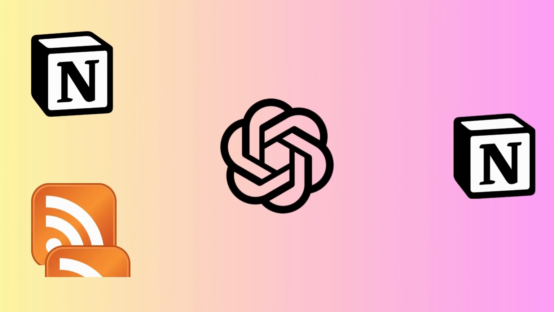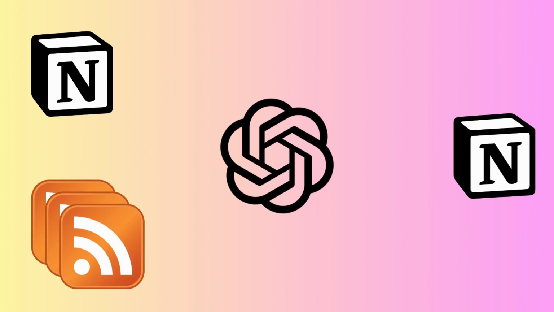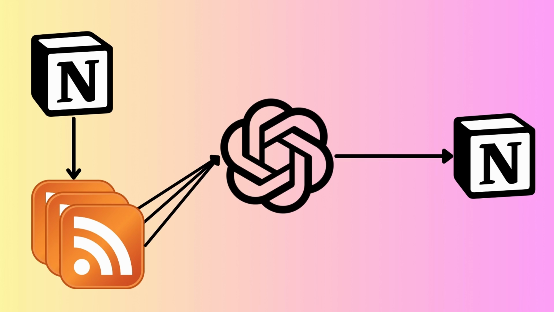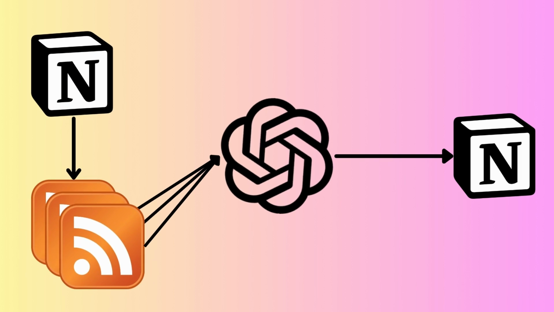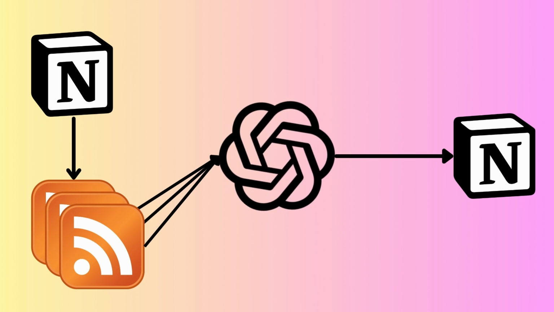Alright, how are we going to fix the news? First, we need all of our tools and connect them in this way. We will request our RSS feed data and how to transform the news from Notion. Then we are going to request the news from all of our RSS sources and send them to OpenAI.